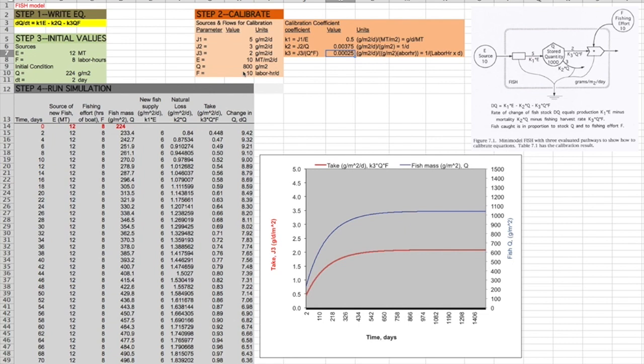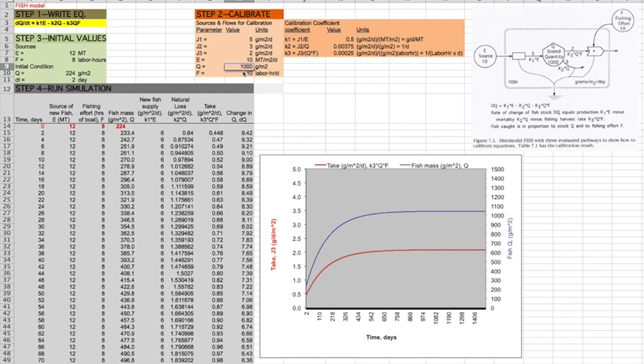If that's what you wanted to do, maybe that would be a recalibration based on realizing that the population was slightly smaller than you originally thought, but the immigration, the emigration, and the take were all the same, so that change would be valid. However, if you're just trying to change the natural loss or the take by themselves, then changing Q is not a good technique, because you'll have other effects in the model.